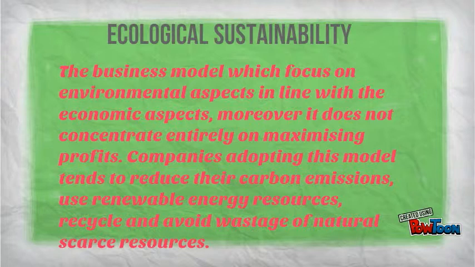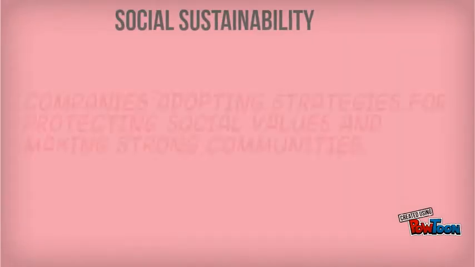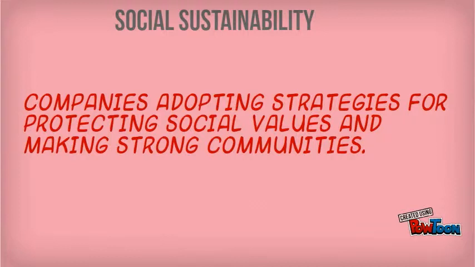Moreover, it does not concentrate entirely on maximizing profits. Companies adopting this model can reduce their carbon emissions, use renewable energy resources, recycle, and avoid wastage of natural scarce resources. On the other hand, social sustainability is companies adopting strategies for protecting social values and making strong communities.